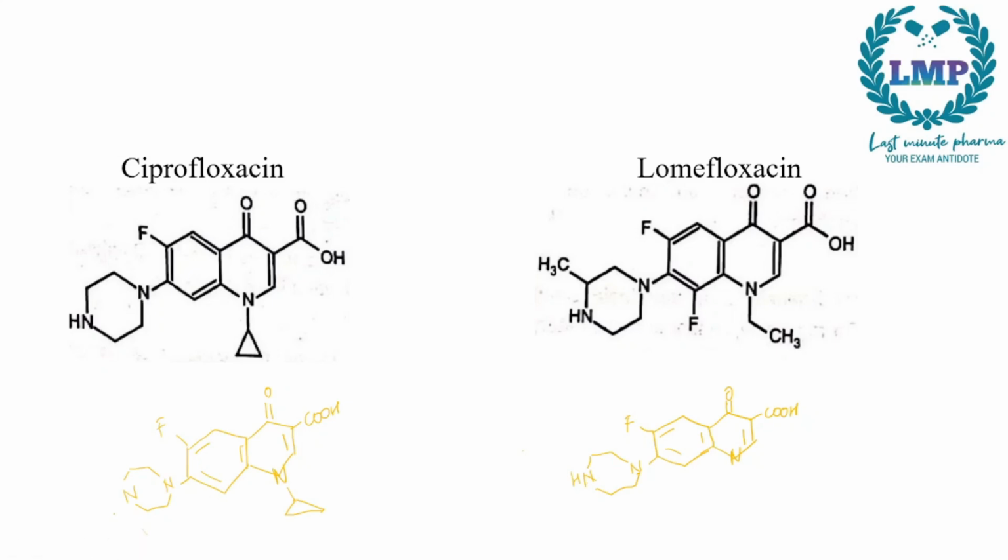The same with the hydrogen right here to make up the valency. Then next we will add CH3 group right here, and here we will add a fluorine group. To this nitrogen again we will give a CH2 CH3. So this is our lomifloxacin.